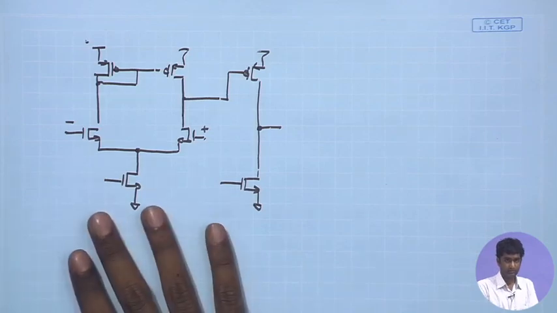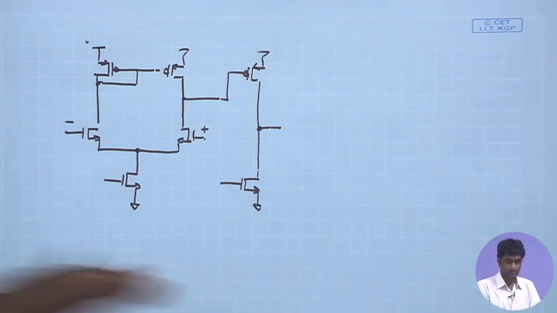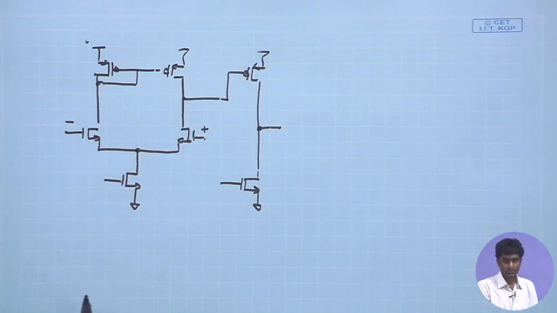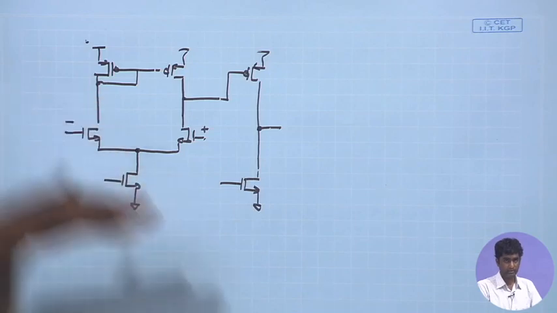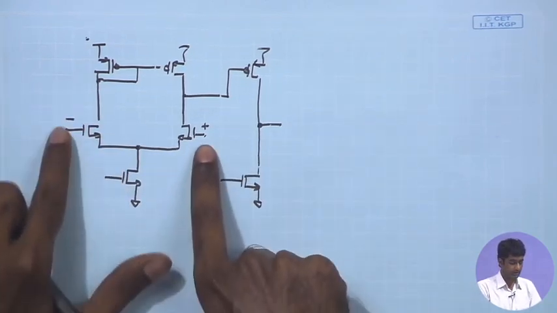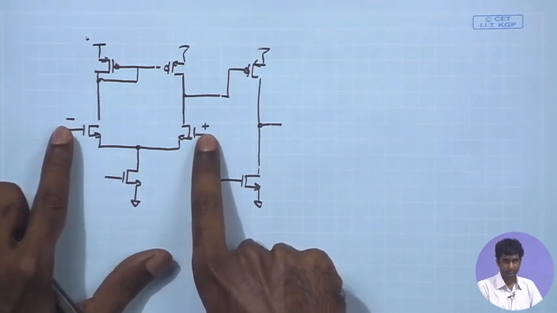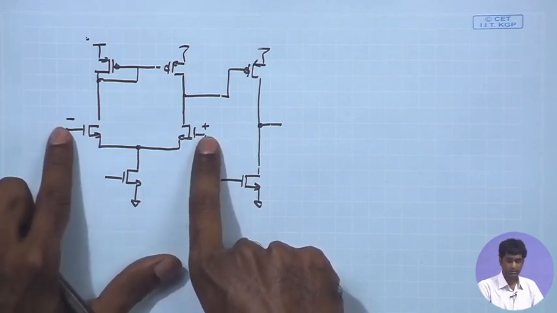If you remember, yesterday we discussed how the offset of the two comparators that we are using, the NMOS input device and the PMOS input device, is going to impact the overall ADC transfer characteristics.